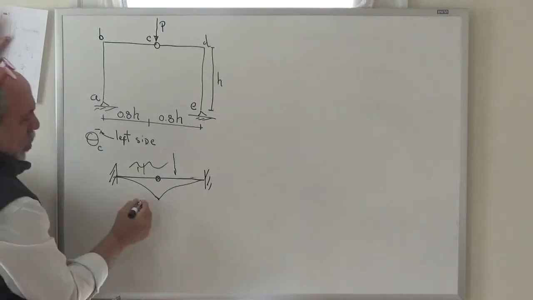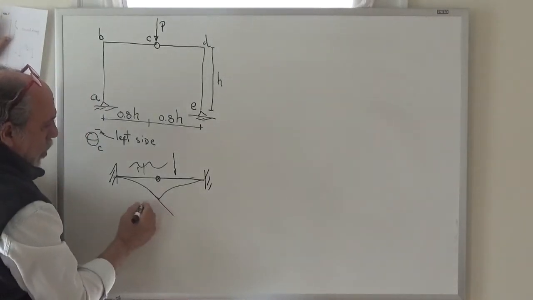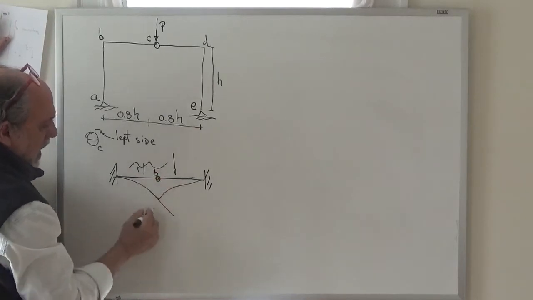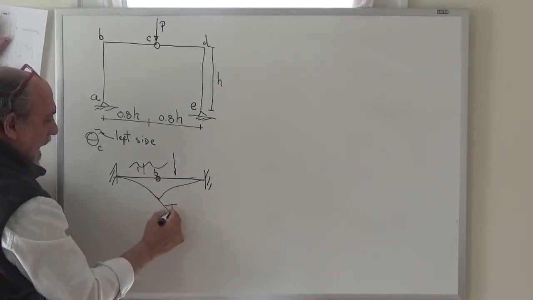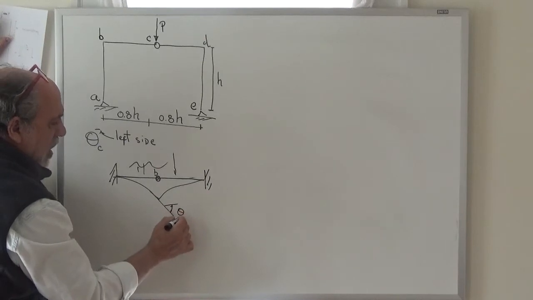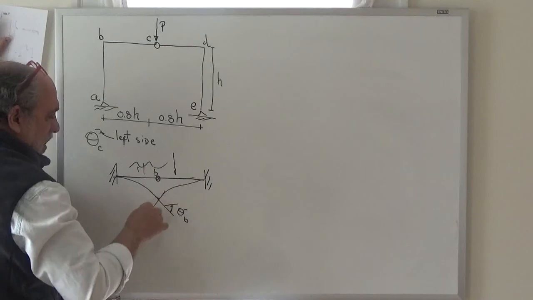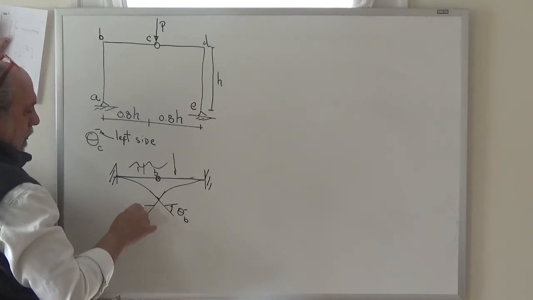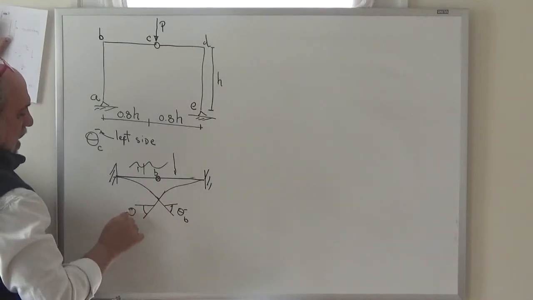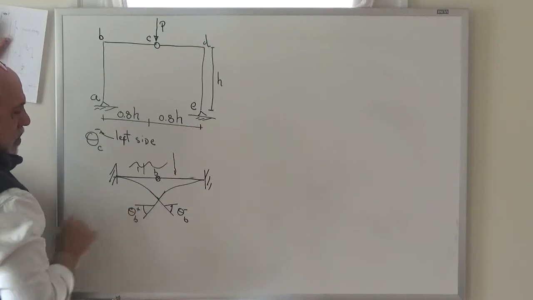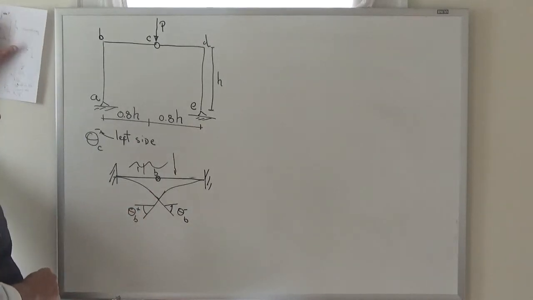Okay? So you can see that this here would be, if that point was B, that angle would be the angle at B on the left side. While this slope here would be the angle at B on the right side, right?